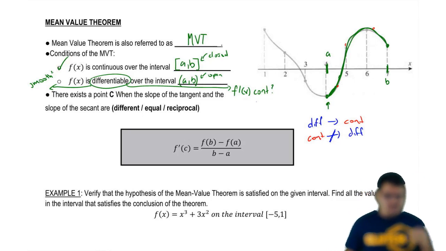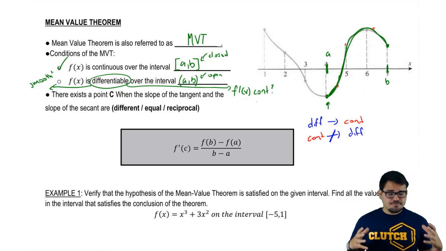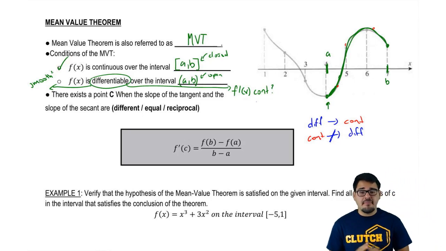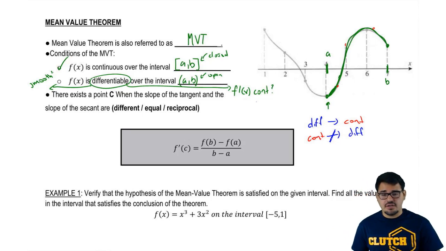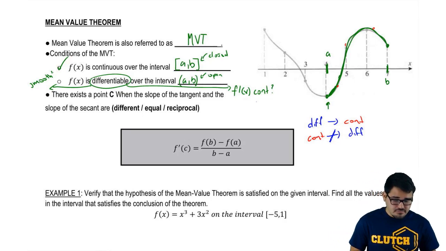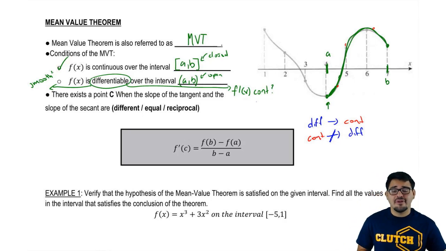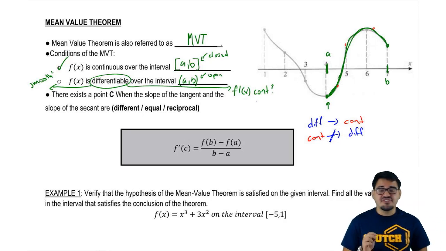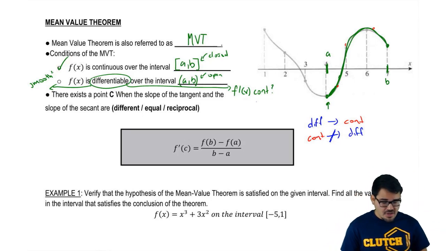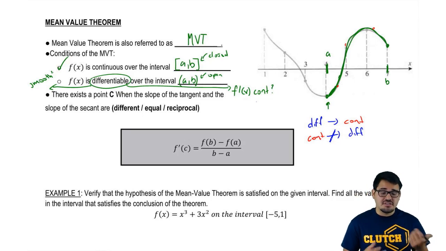Once we have shown that your function is both continuous and differentiable, we're going to go ahead and talk about the conclusion of this theorem. So once we pass the first two hypotheses or conditions, we talk about its conclusion. That means there exists a point C where the slope of the tangent and the slope of the secant are equal.